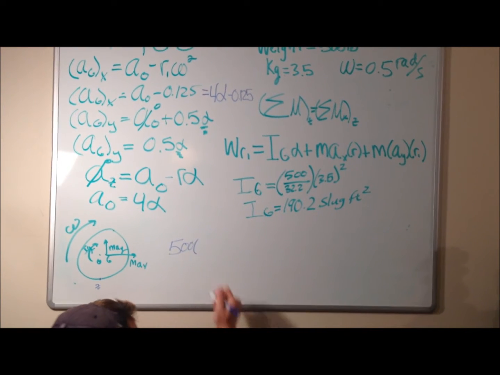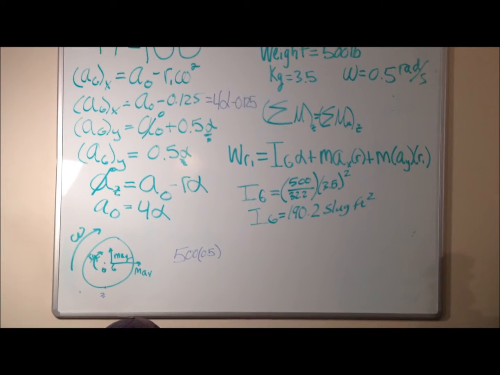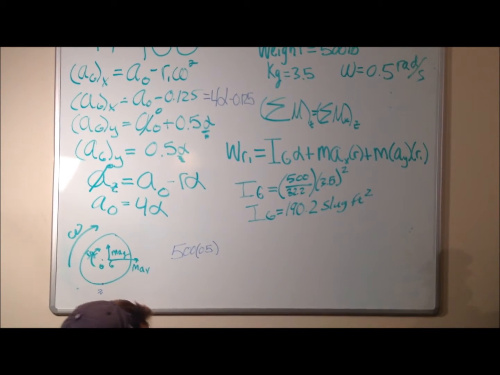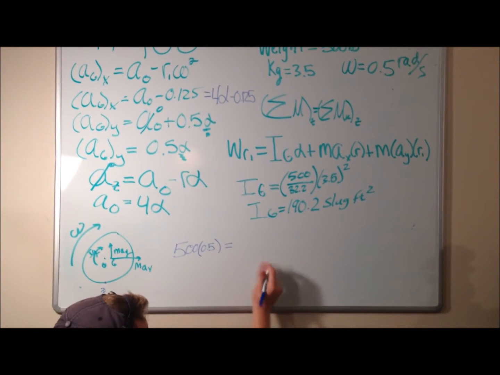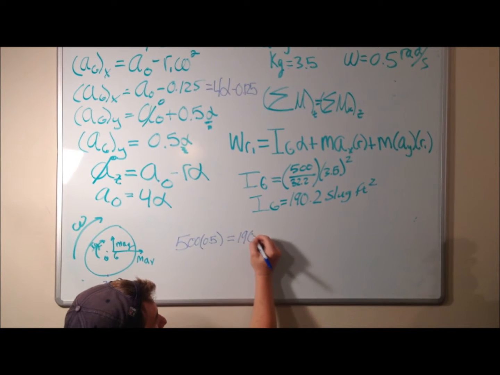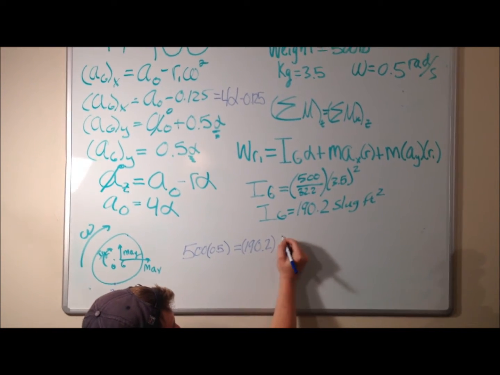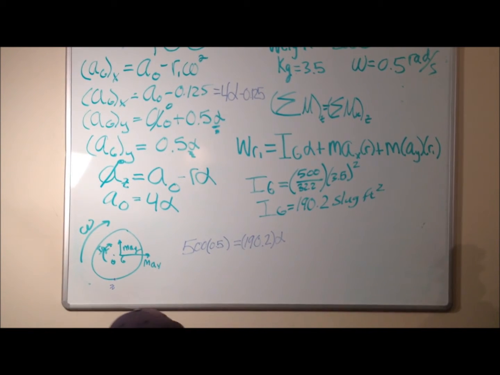So we're going to have that times 0.5, and then that's going to be equal to our mass moment, which we just found, multiplied by the angular acceleration, which is what we're solving for.